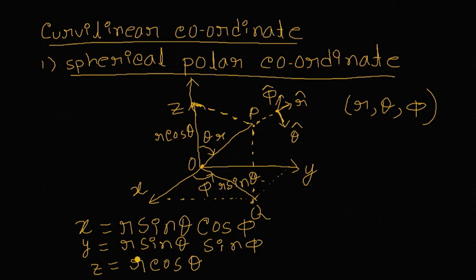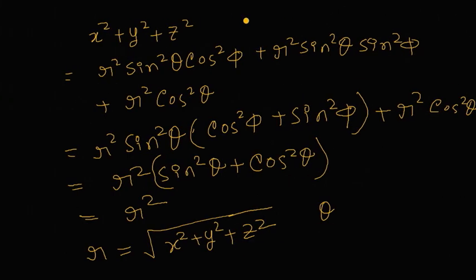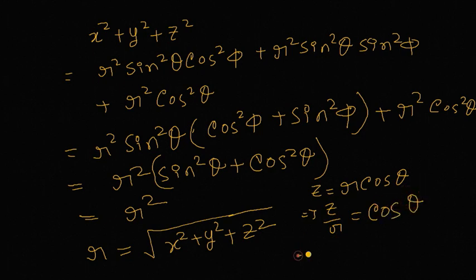We can already write z equals r cos theta, so z by r equals cos theta. So from here we get the value of theta equal to cos inverse of z by r.